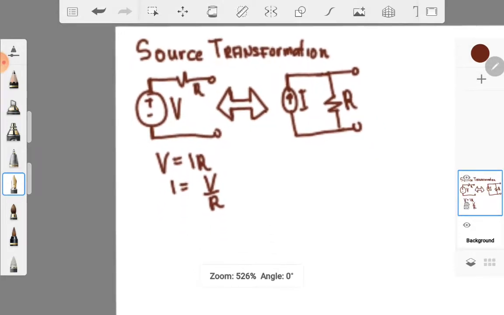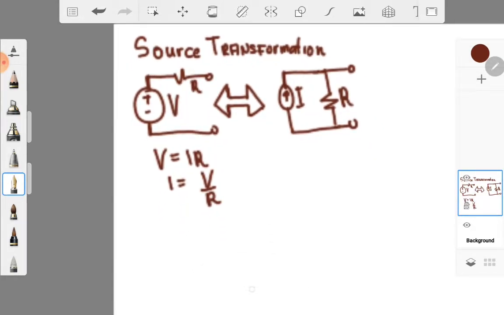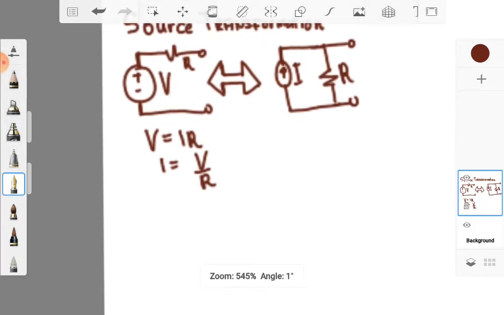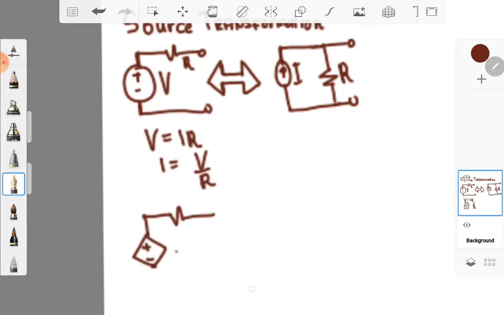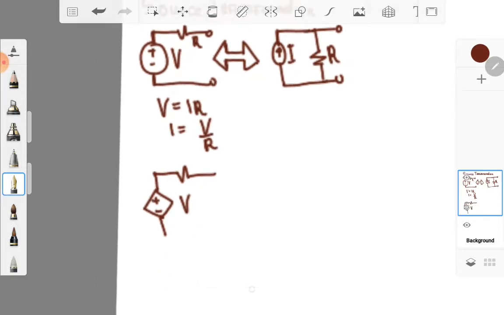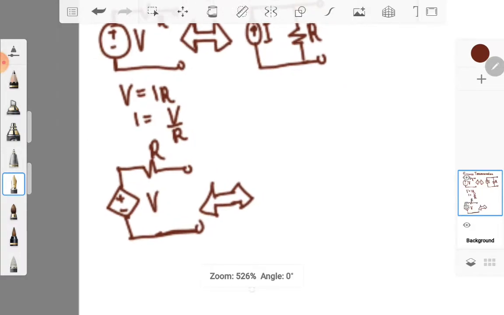So take note, the source transformation of independent sources is the same as the source transformation of dependent sources. So positive, negative V can be transformed into a current source with the use of Ohm's law.